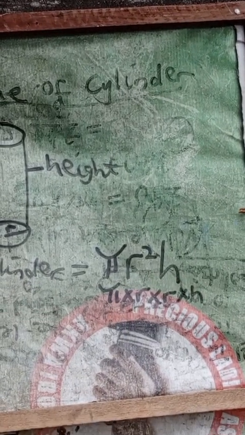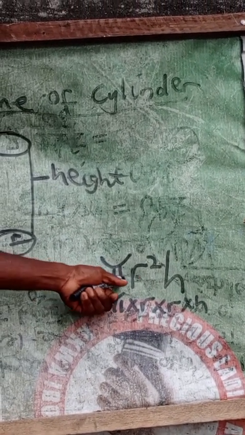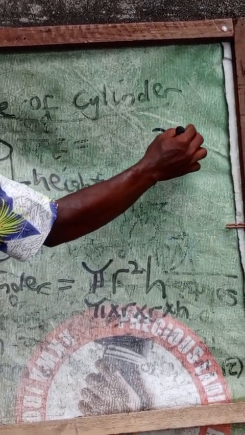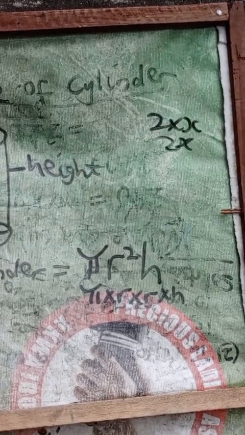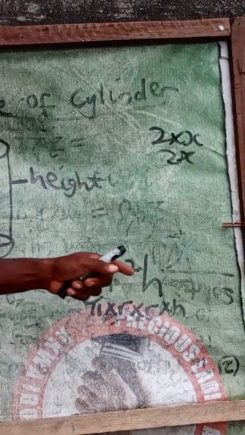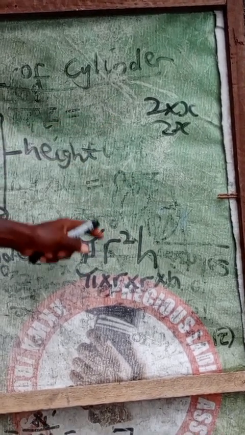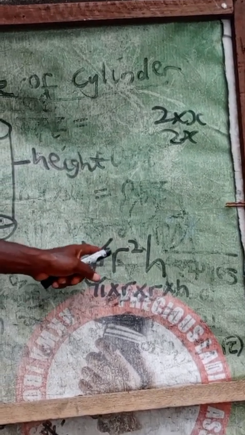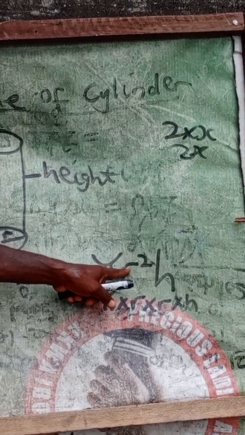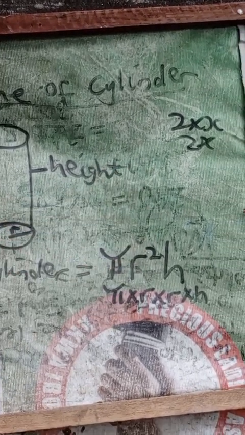That is the full form, the expansion. We have times in between them, the same as when I was talking about 2 times x is 2x, we remove the times.